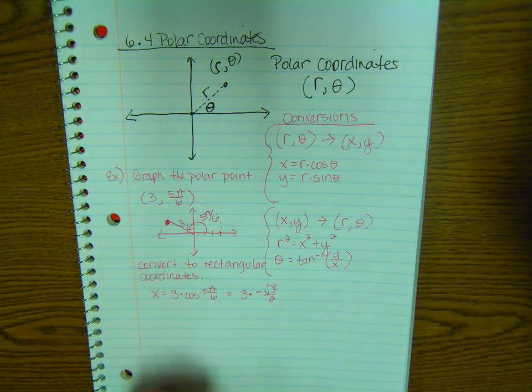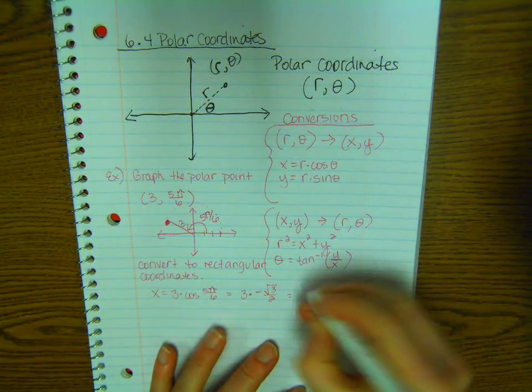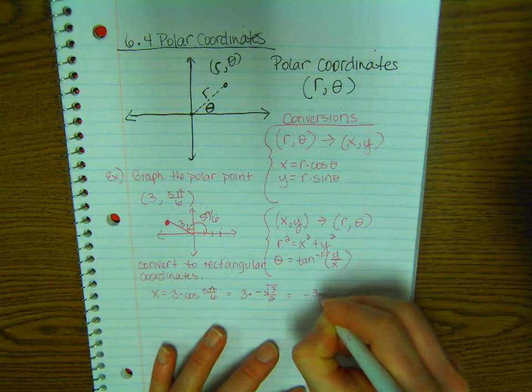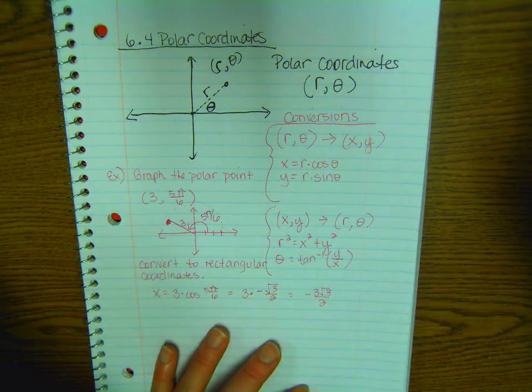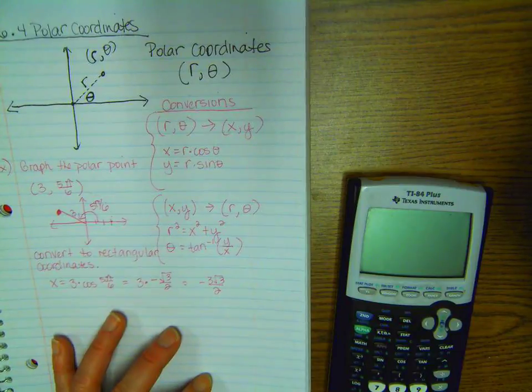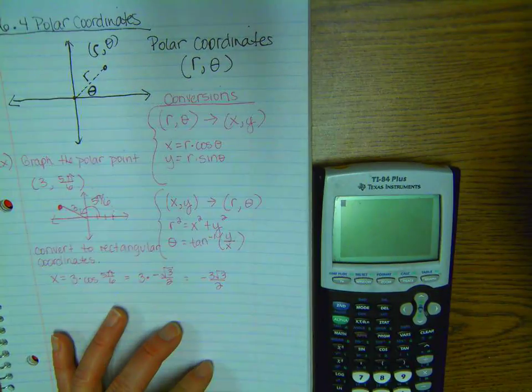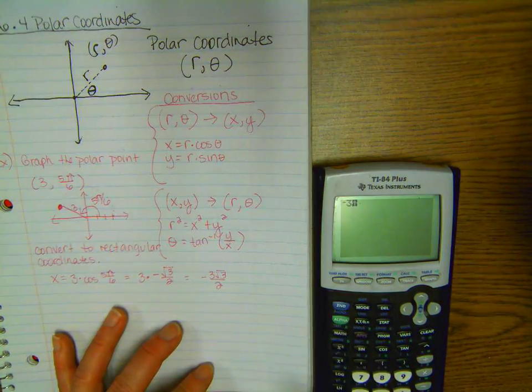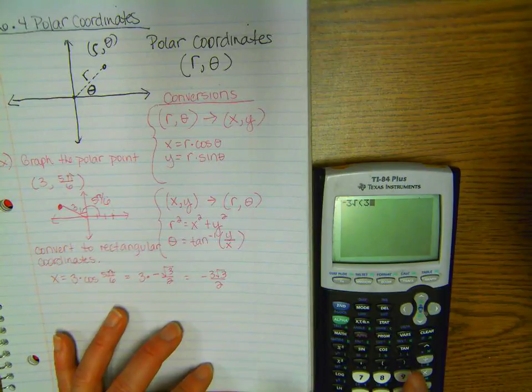Negative root 3 over 2. If I want an approximate, negative 3 times the square root of 3 divided by 2 is approximately negative 2.598.